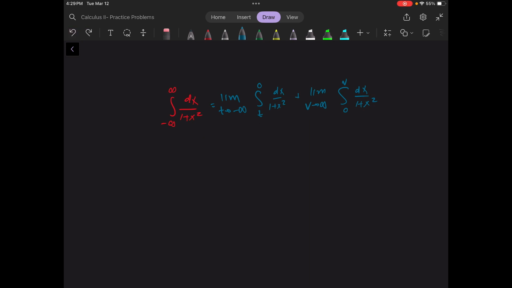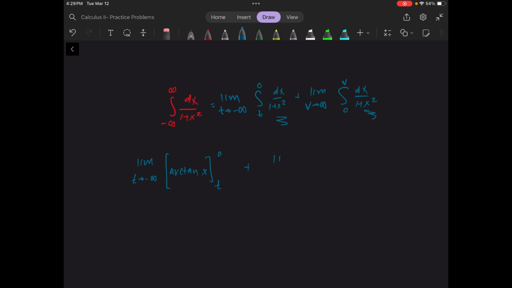Okay, so let's see. Obviously, both of these just integrate to arctan, right? So we have the limit as t approaches negative infinity of arctan of x evaluated at 0 and t.